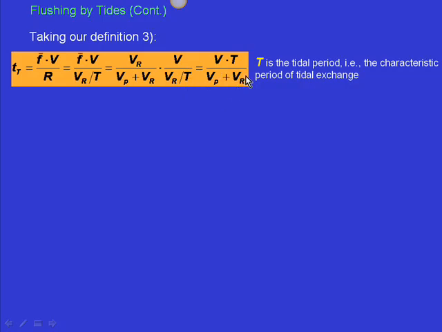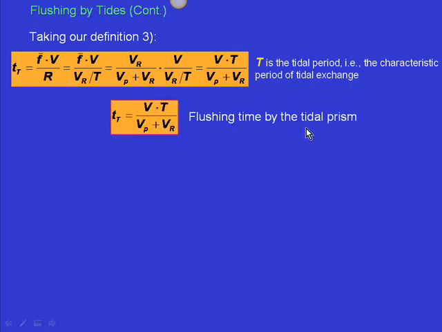The volume of the basin times the tidal period divided by the sum of the volume of the tidal prism plus the freshwater volume. So that's a definition of the flushing time as a function of the tidal prism. Because we have the tidal prism here, we have the tidal period, we have the freshwater volume, and we have the volume of the entire basin. So there it is.